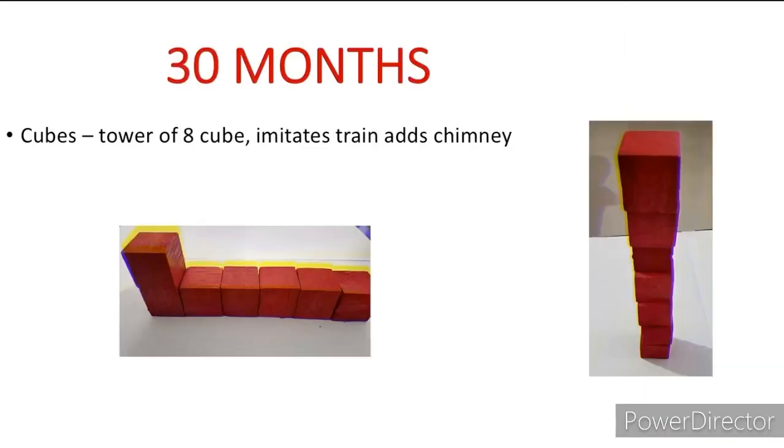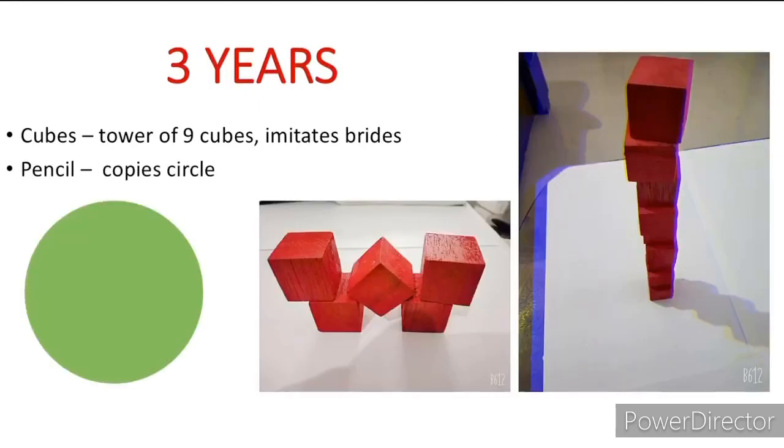At 30 months, the baby can make a tower of 8 cubes and imitates a train, and can add a chimney also. At 3 years, the baby can make a tower of 9 cubes and imitates a bridge. At this age, if we give a pencil, the baby can draw a circle also.